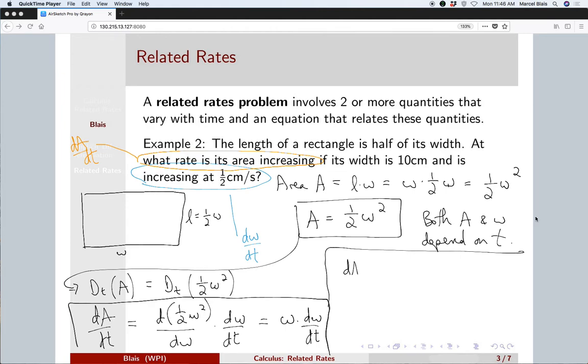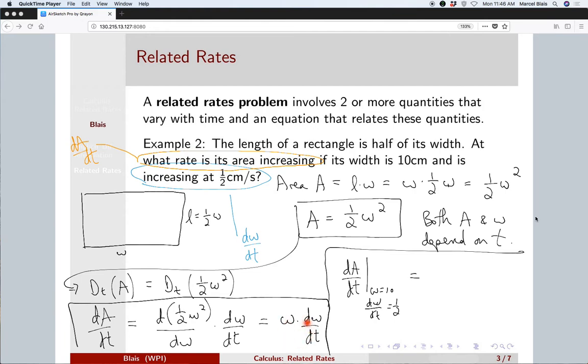So we need dA/dt at the instant when the width is 10 centimeters and dw/dt is 1/2 centimeter per second.